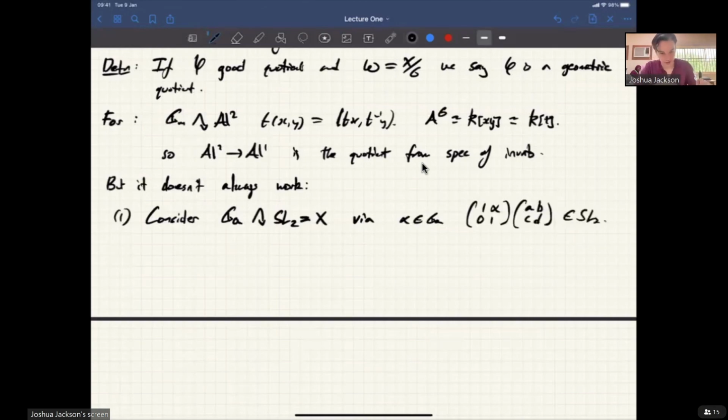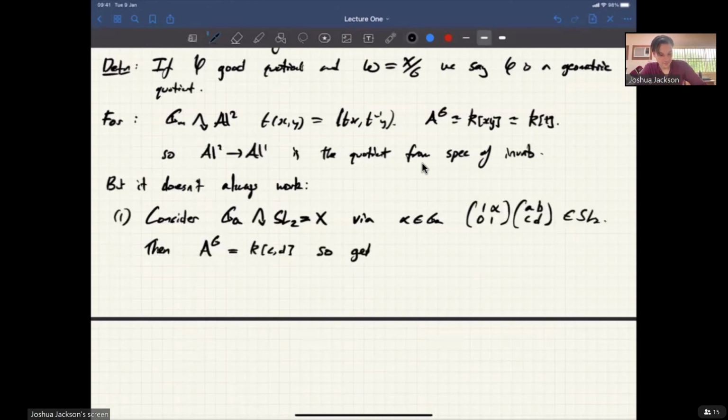So it's just left multiplication. Okay, that seems reasonable. But then the problem is if I take the invariants, what I get is a polynomial ring in two variables, C and D, and you can convince yourself that these are the invariants.